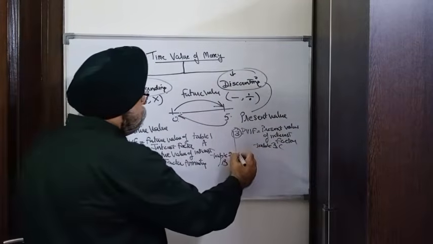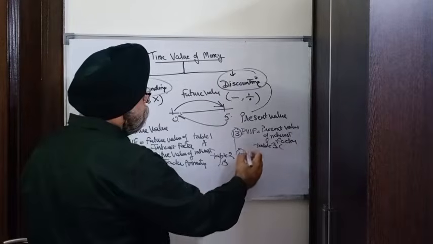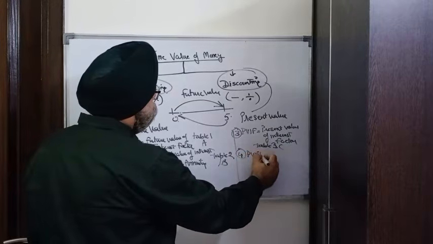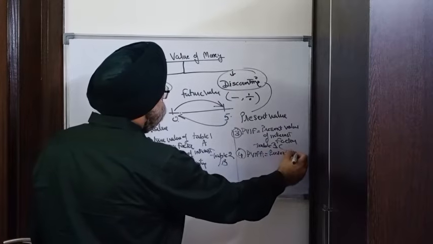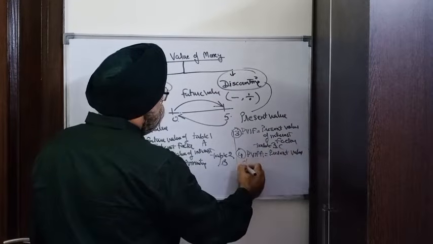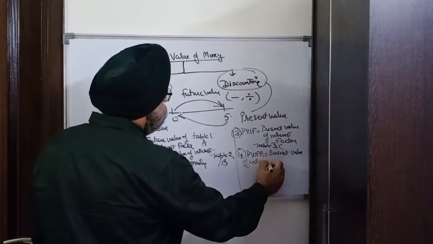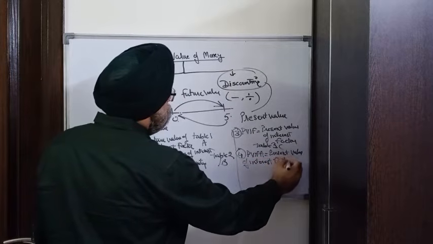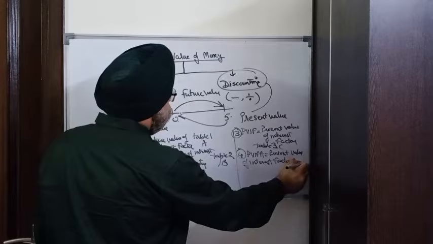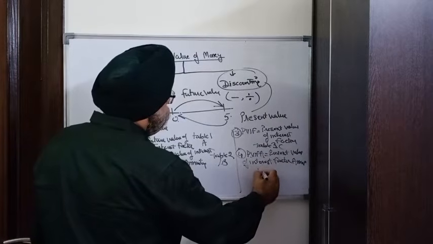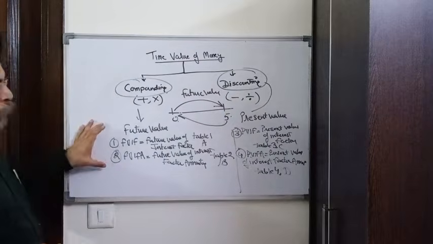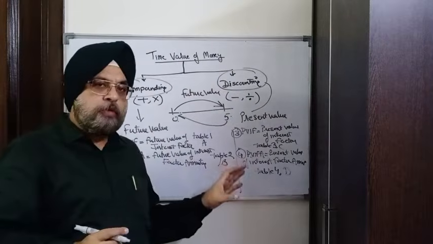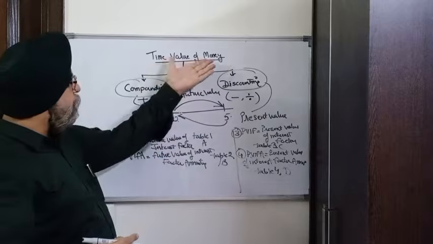And the fourth type of questions is PVIFA, present value of interest factor annuity, table number 4 or D. So these are the four concepts which we will learn in time value of money.